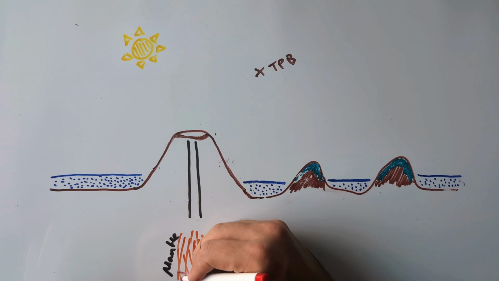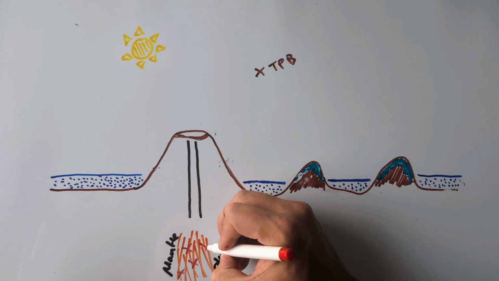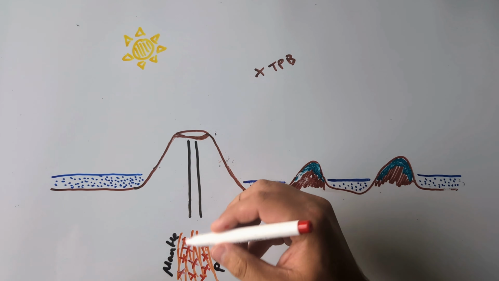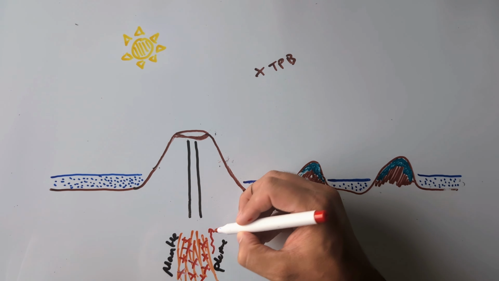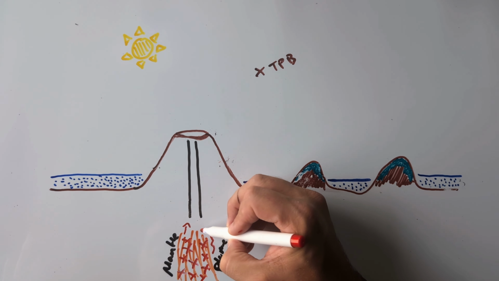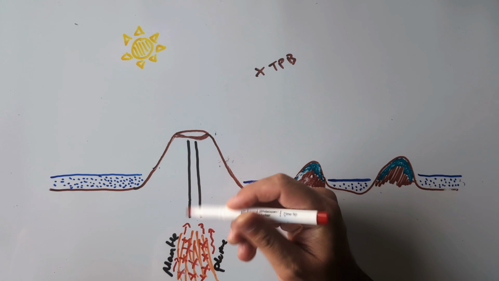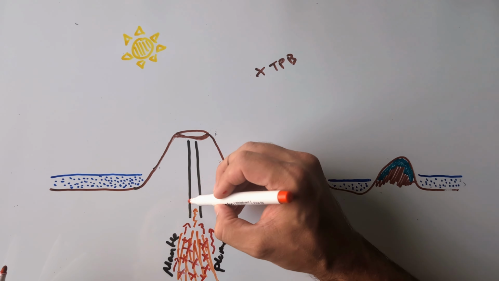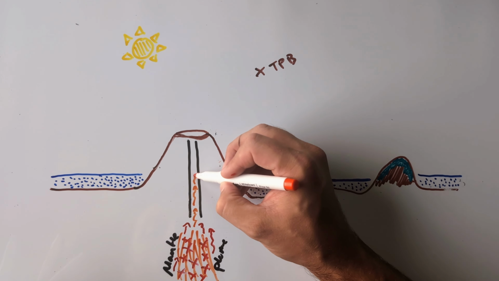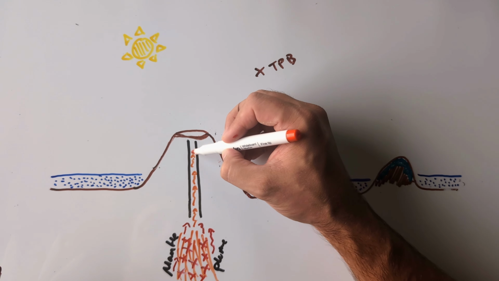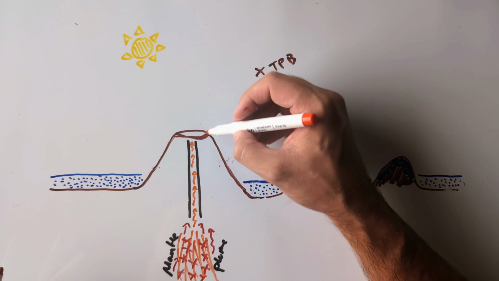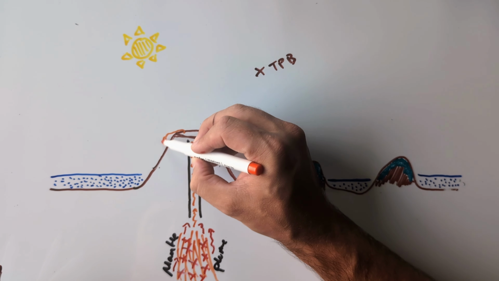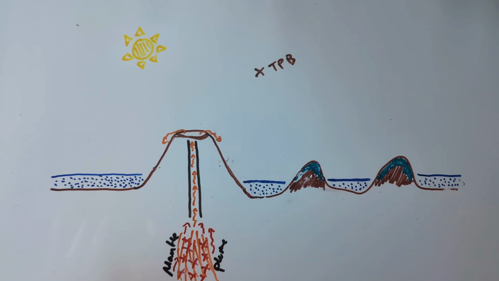Now this is an area of intensely hot magma. And as you know from convection currents and other examples, what do hot substances like to do? Well, they like to rise. That's exactly what happens. They rise all the way up, burning a hole through the crust as they go and forming weak, frequent eruptions.